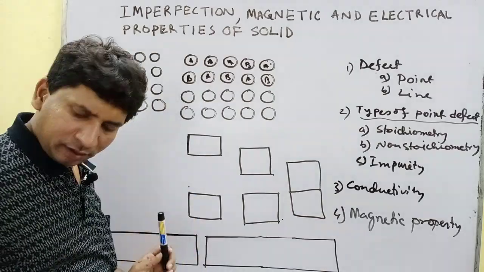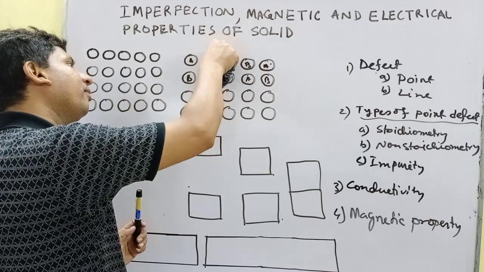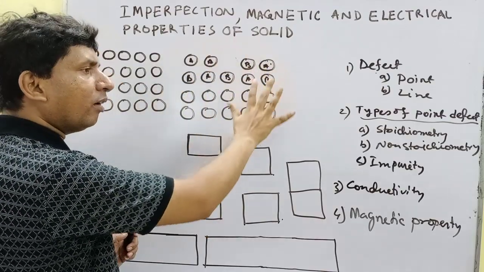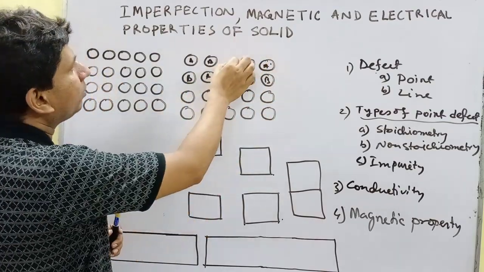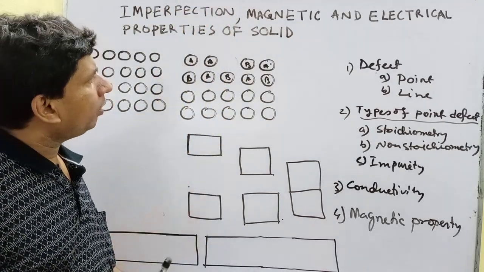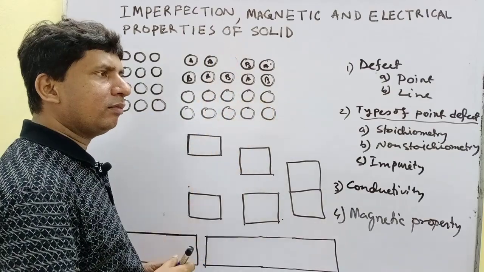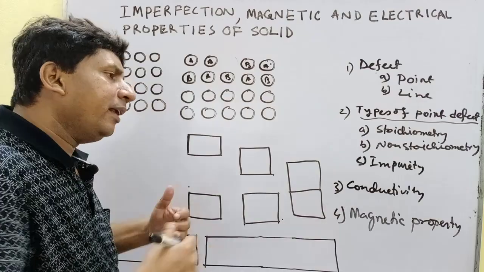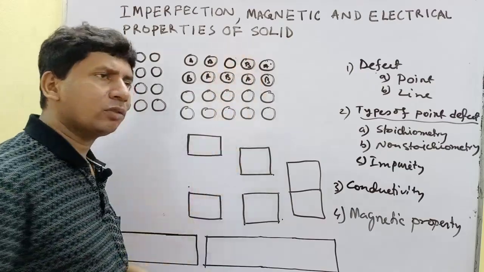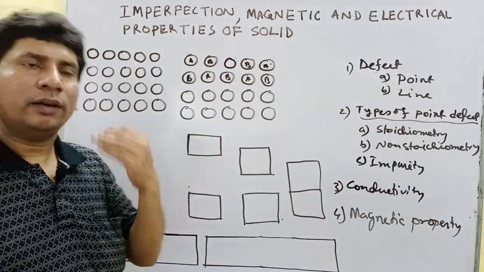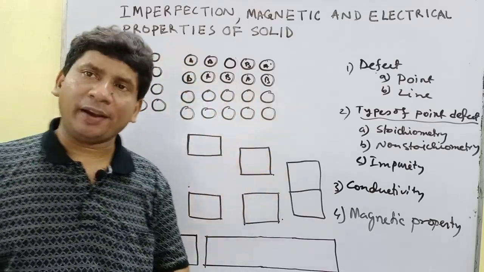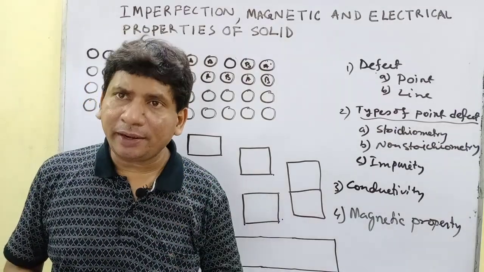Let us consider if A is not there. What happened? There is no A. So this was the regular structure, but from here a point is missing, or this point may come here. Any disturbance of the regular arrangement of atoms or molecules or ions is a defect, and if it is a disturbance from the points, then it is a point defect. And what are line defects?